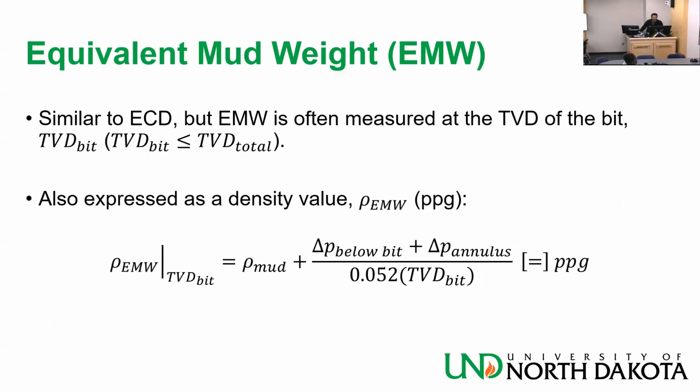This is the equation you are going to use, but I think it's more clear if you use the equation I showed in the slide a few slides ago: you take the pressure at that point of the hydraulic loop and you divide by 0.052 times TVD.